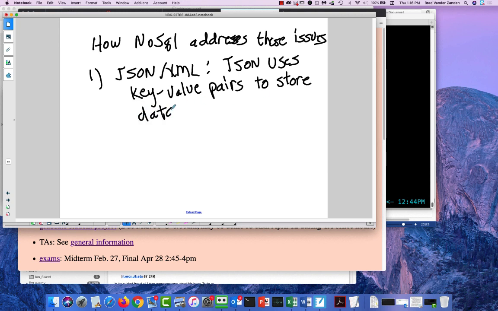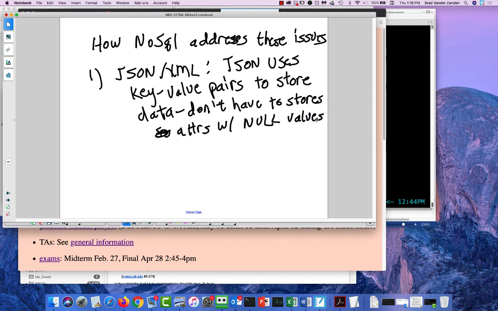So now you don't have to store attributes with null values, because all attributes are now named. So that's their answer to sparseness: you name all your attributes.